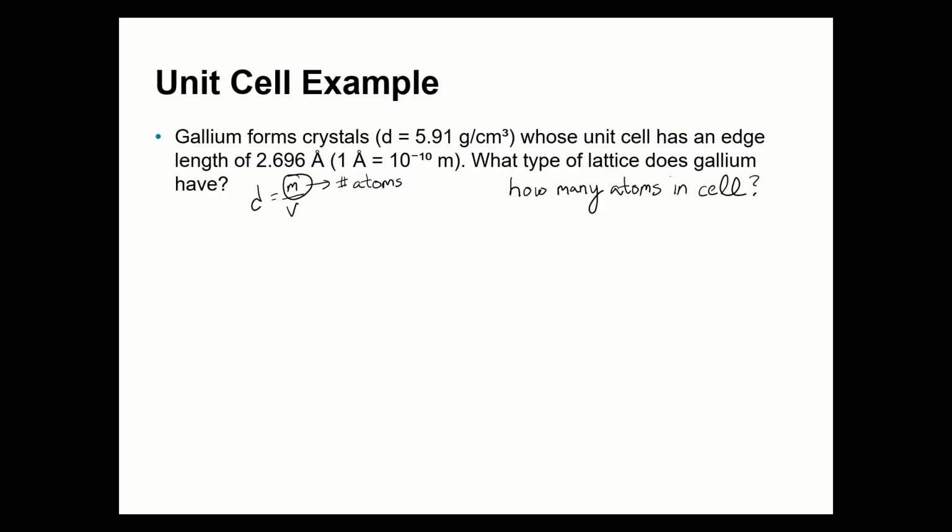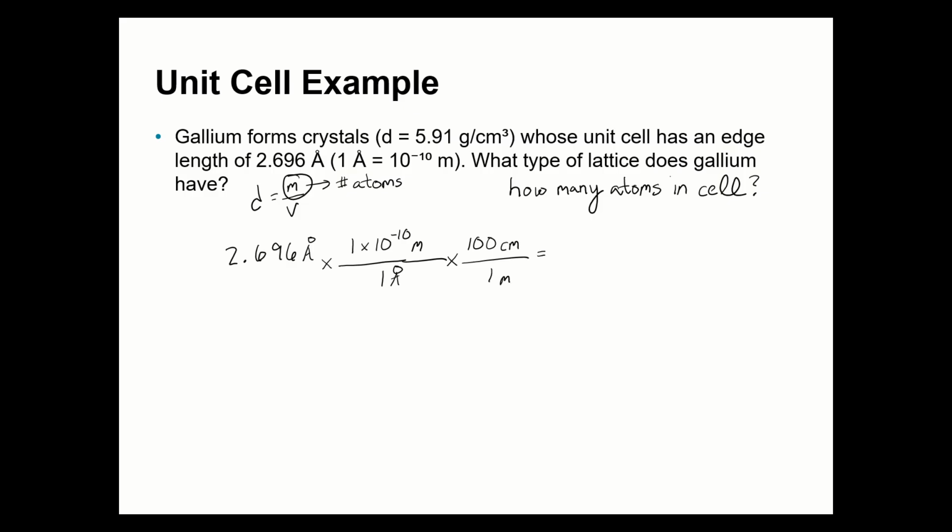So we're going to take that edge length and figure out the volume, of course always in centimeters cubed, so 2.696 angstroms. Okay, and we kind of know the pattern here. We're going to multiply by 1 times 10 to the negative 10th meters per 1 angstrom, and then multiply that by 100 centimeters per every 1 meter.